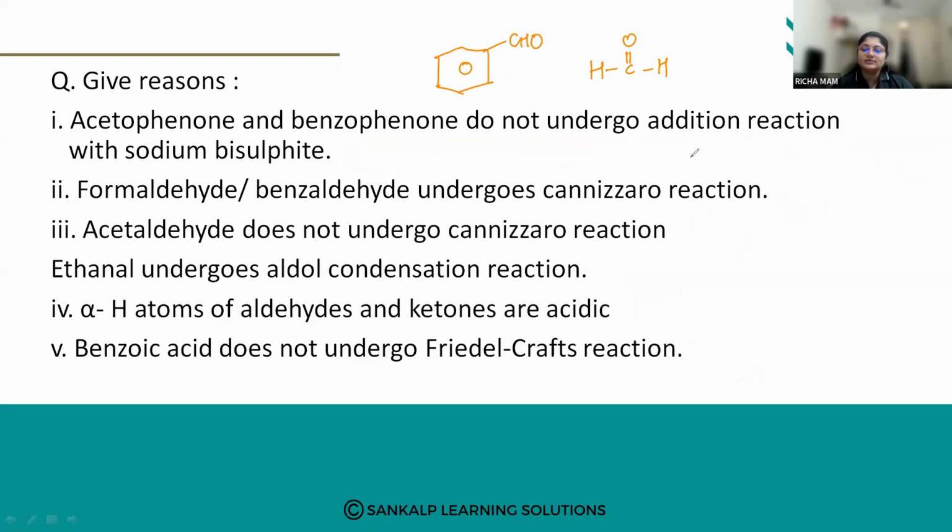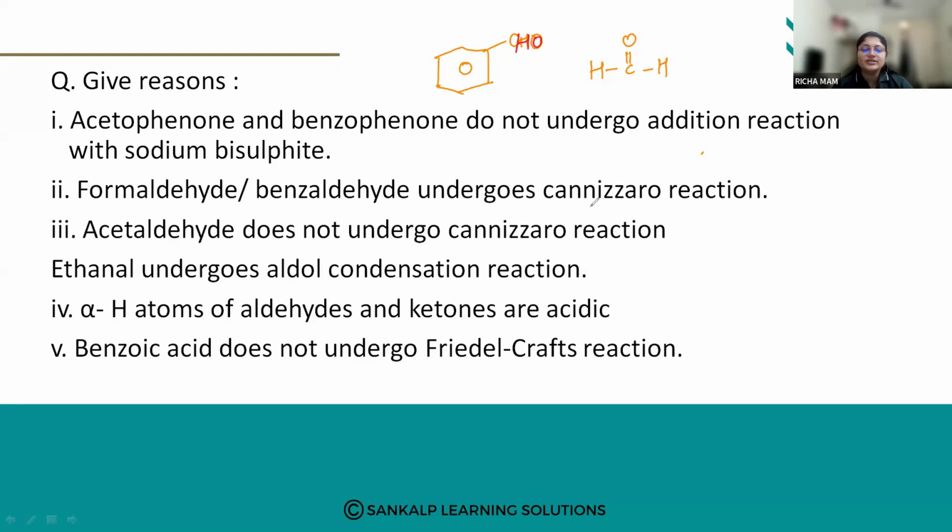Why does it undergo Cannizzaro reaction? Yes, any idea? Formaldehyde and benzaldehyde undergo Cannizzaro reaction.